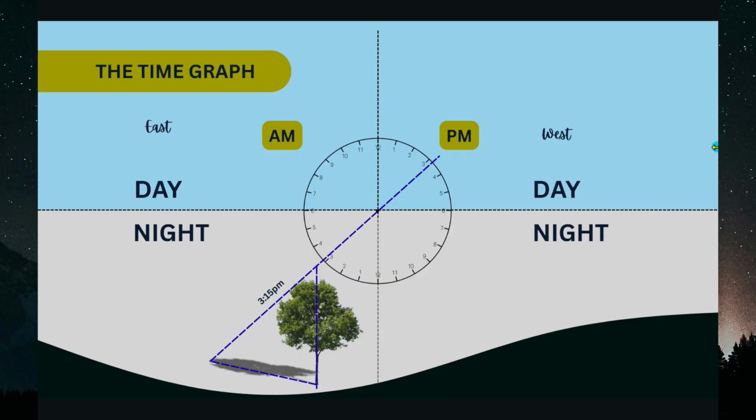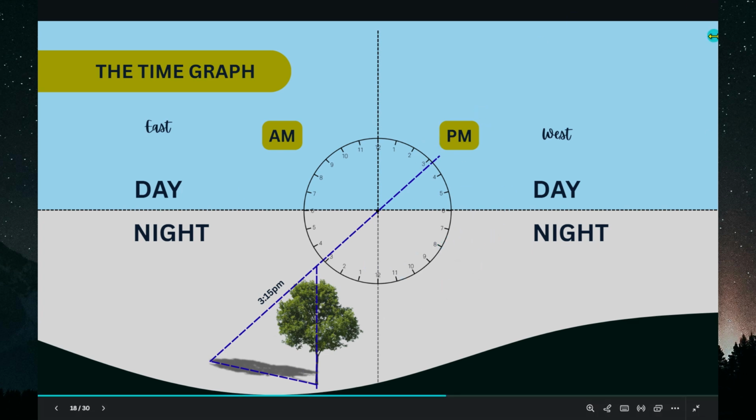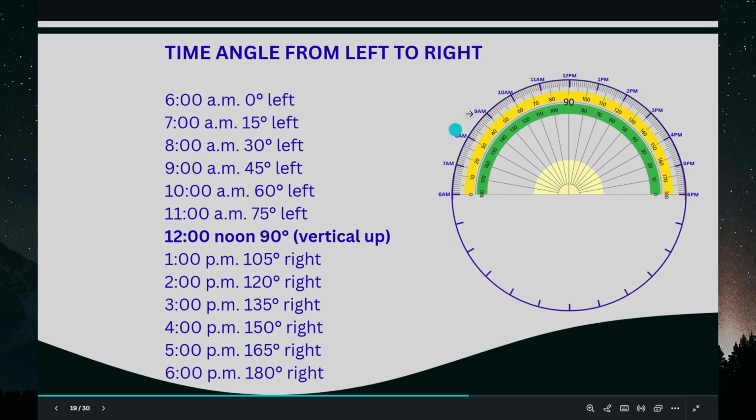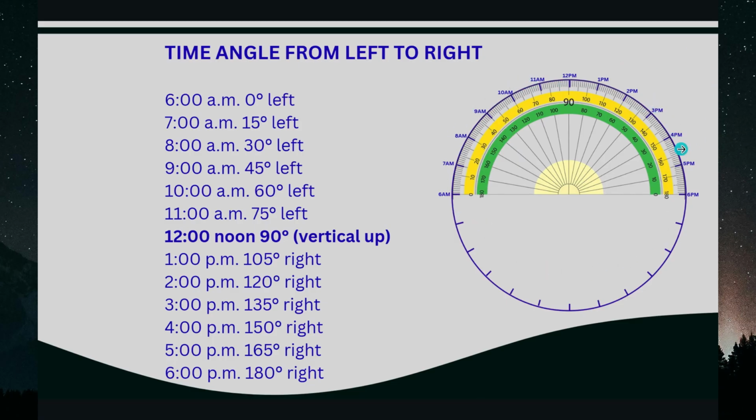So I have shown you examples of how shadows are being created with the source of light, as well as now you guys know how to draw this time graph and what are the different angles. I'm going to show you one more slide, that these are the angles and this is the time. You guys can take a screenshot of this for your practice purposes.